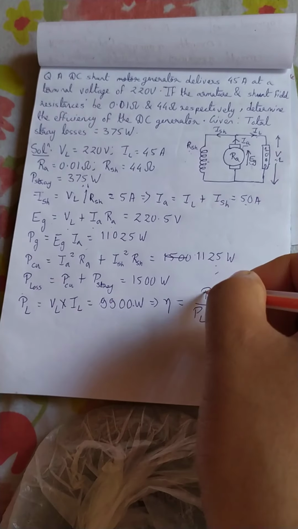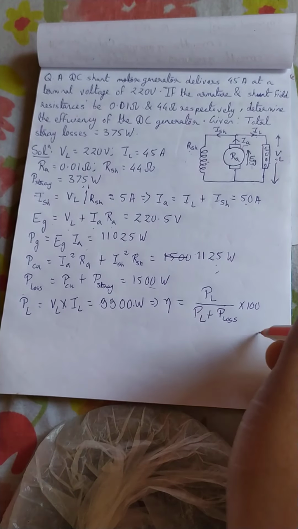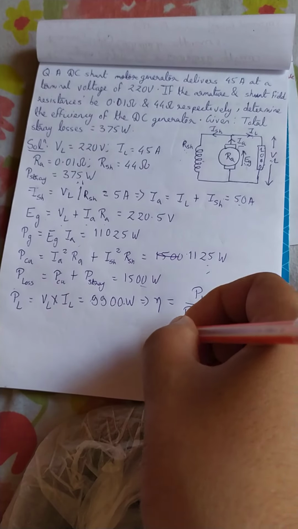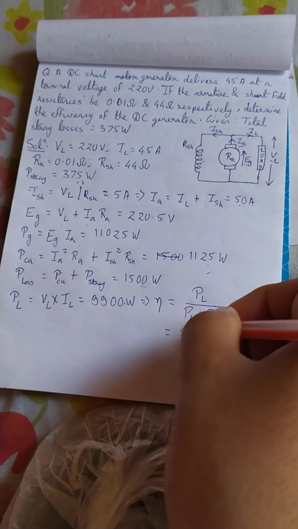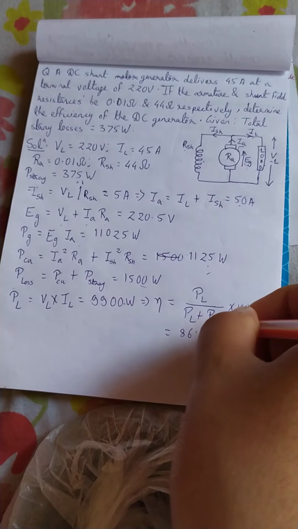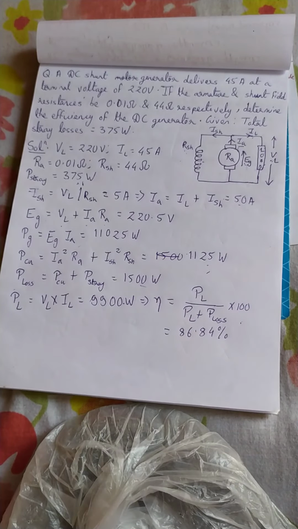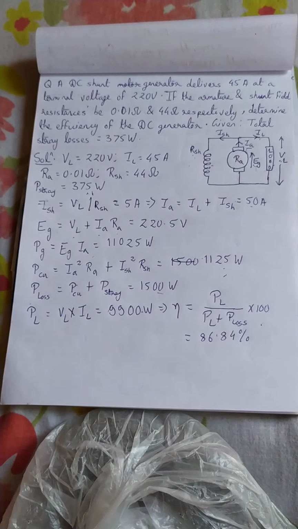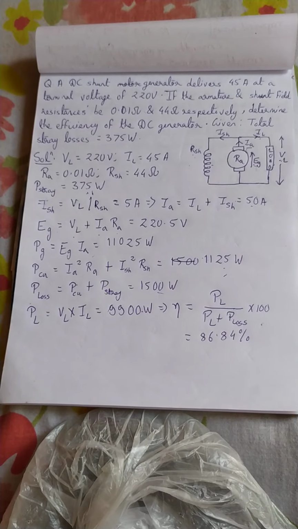Now we know PL, we know P loss. So putting all the things together in this formula, the efficiency comes to be 86.84%. So that is how we can find out the efficiency of a DC generator with the given data. Hopefully you can understand how we can do it.